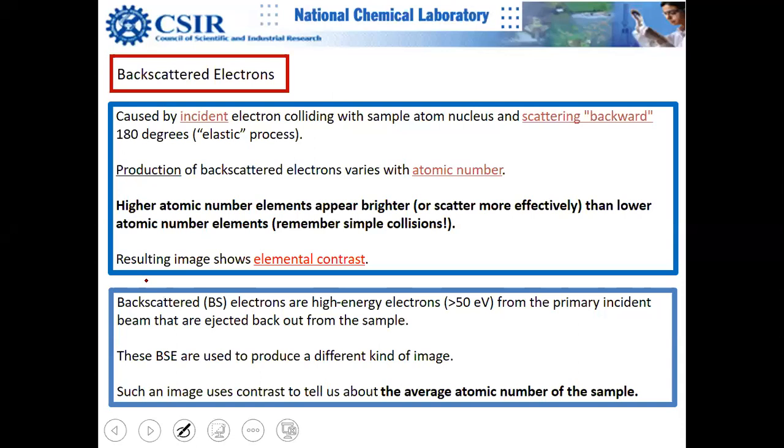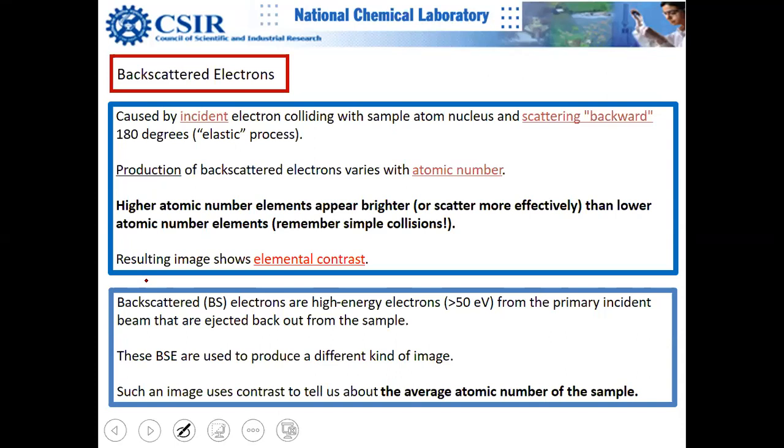They have to be detected in the same direction from where the primary beam is coming. These electrons are elastically scattered electrons, so they are pretty much high energy electrons. They can actually escape from subsurface areas. That's the reason they carry information about deeper parts of the samples.